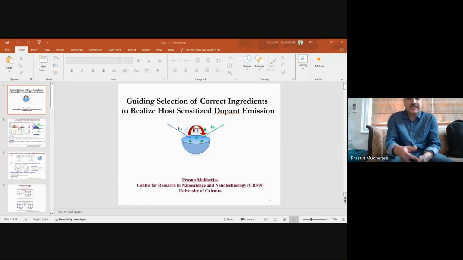One can now think about applications of these doped nanomaterials in any luminescence-based applications, like biological imaging, bioanalytical applications, sensing, and so on.